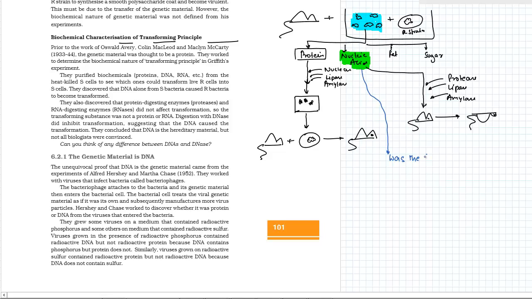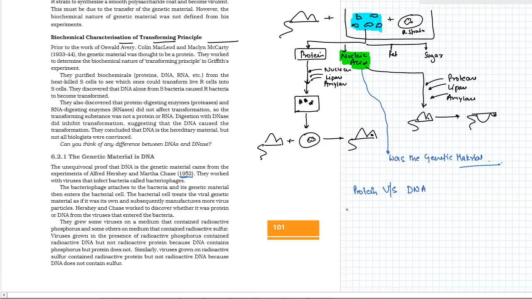was the genetic material. Now here comes the next experiment, which also suggested that indeed the DNA is the genetic material, not the protein, known as the Hershey and Chase experiment. The fight was between protein versus DNA.